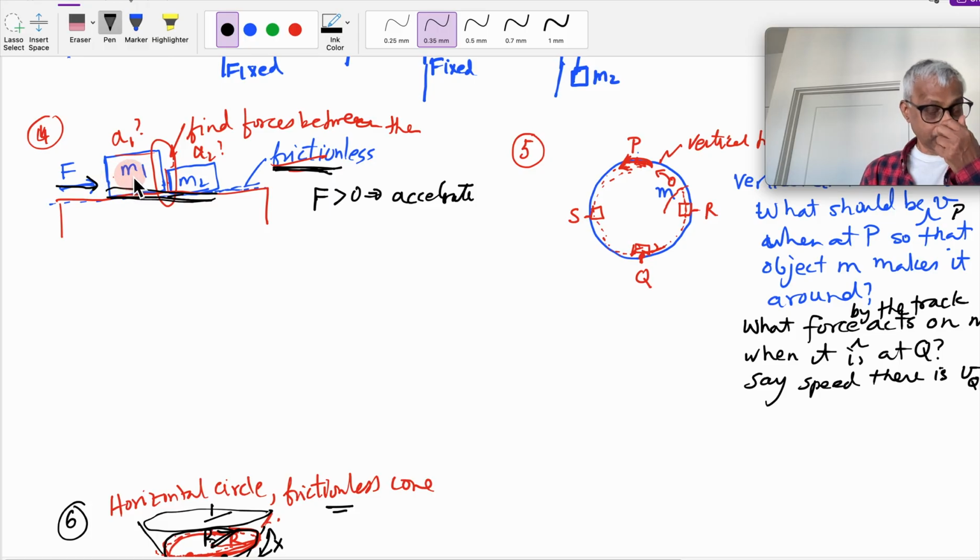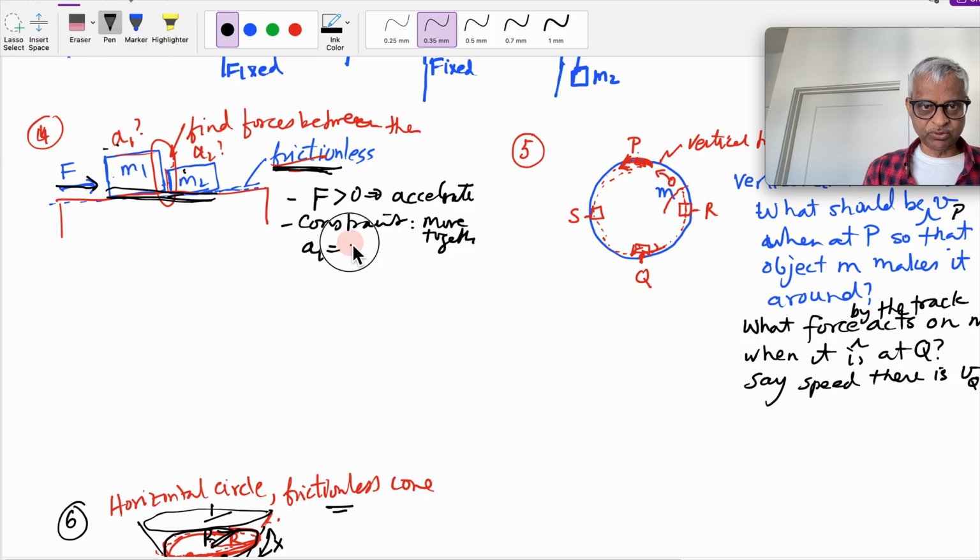So we don't have to always frame it as a two-body problem. The two of them will have the same acceleration. Constraint, they move together. Whatever distance this moves, this moves the same distance. This means A1 equals A2. So this is common A. Don't have to do A1, A2.